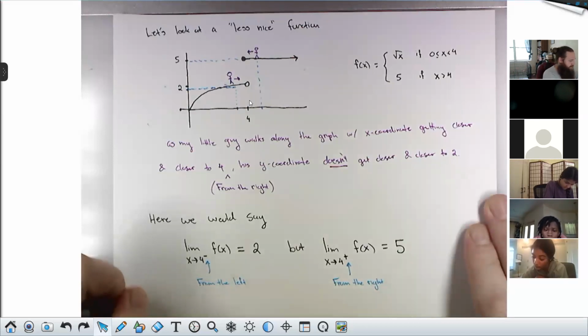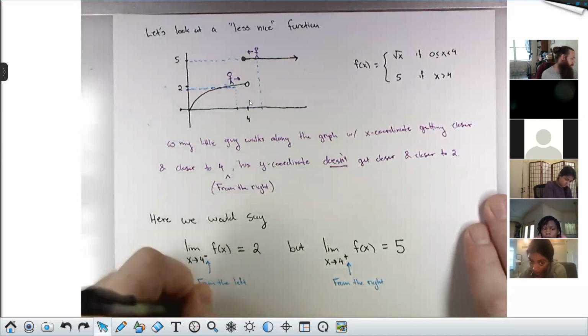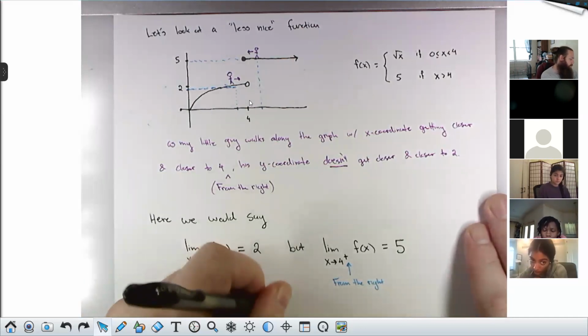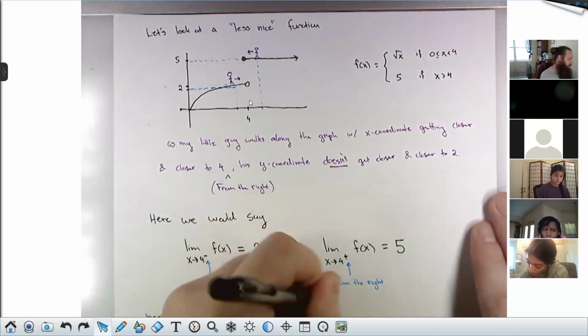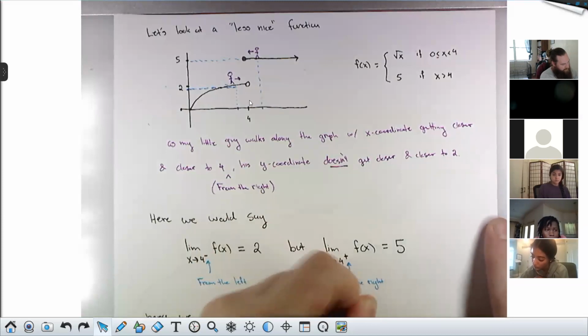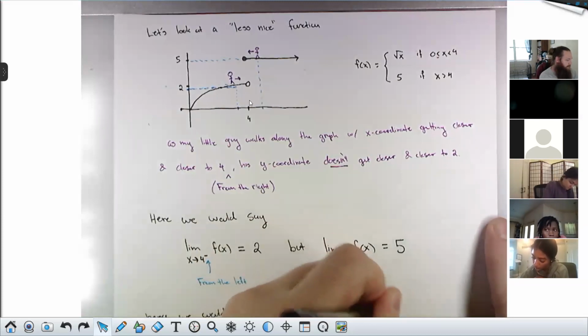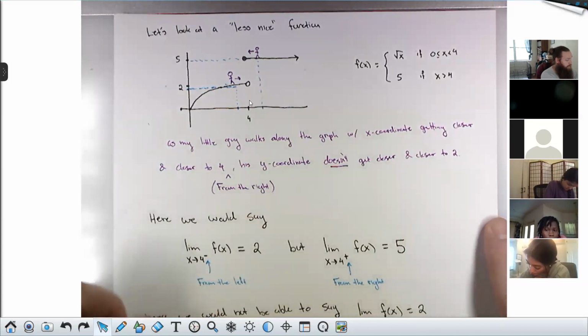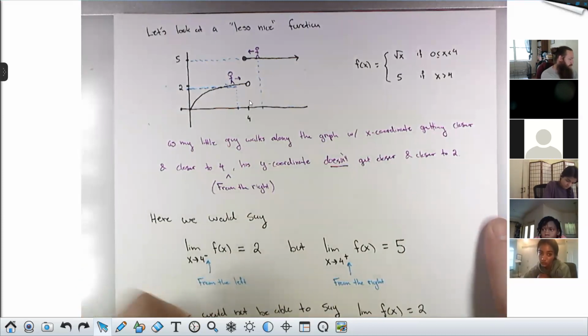So in this case, we would not be able to say that the limit as x approaches 4 of this function f of x is equal to 2, or that the limit as x approaches 4 of f of x even exists.